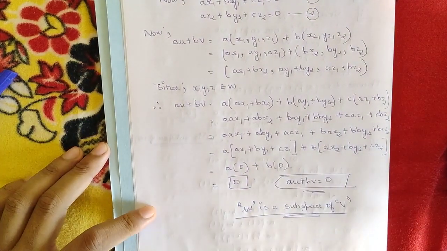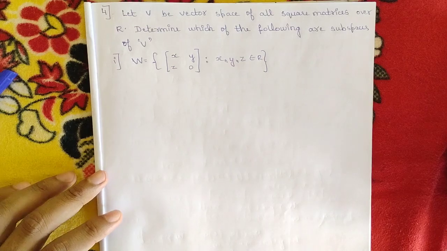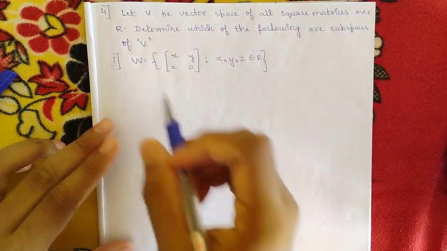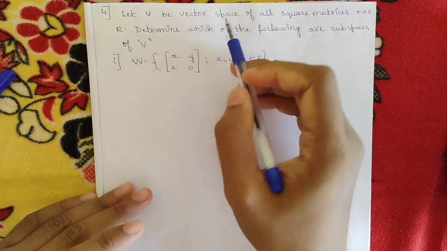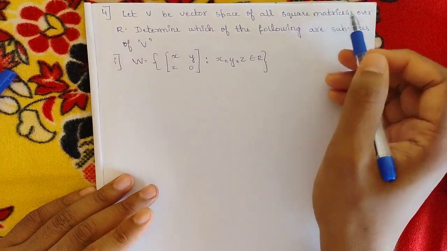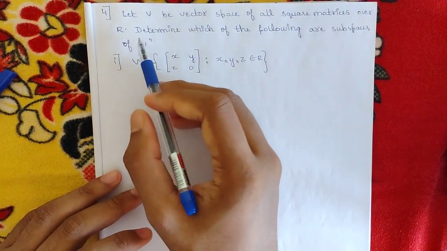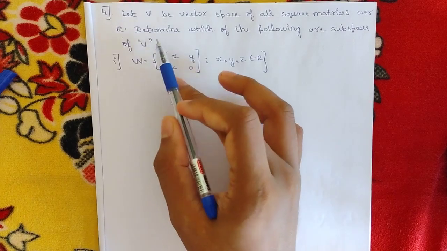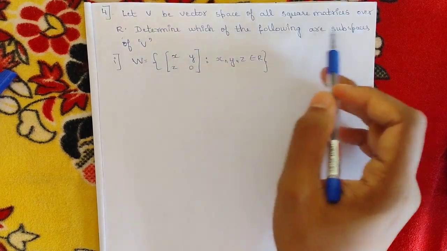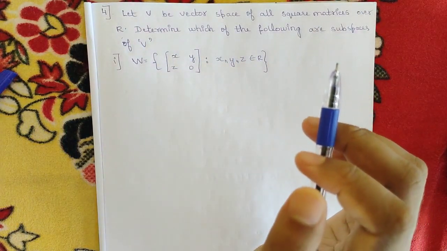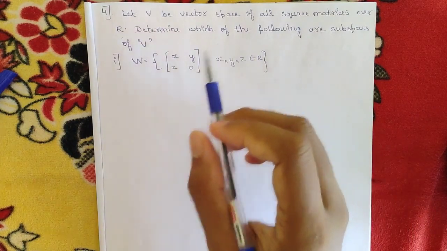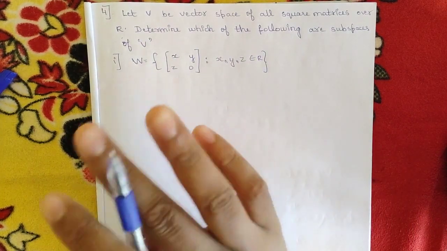So let us solve one more problem. This is the next question. Let V be the vector space of all the square matrices over R. This is a question here. Determine which of the following are the subspaces of V. So this is the question, and here we have 4 sub questions.